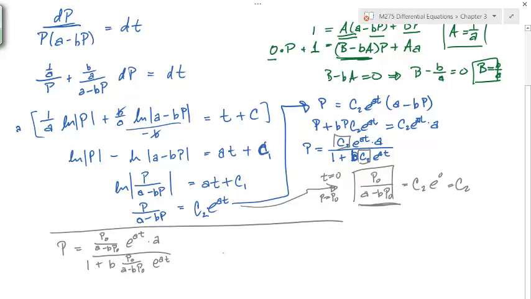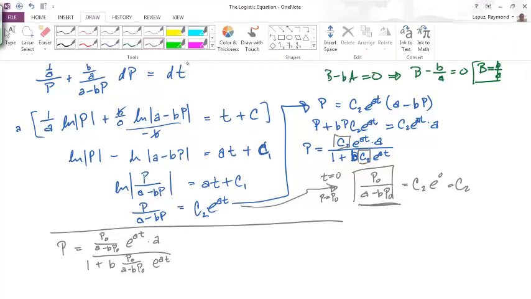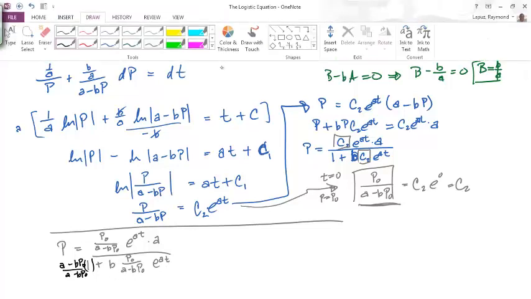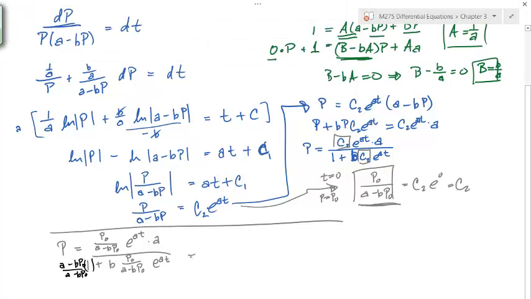So the thing that makes most sense to me is to find our common denominators, so let's do that over here. Let's take this 1 and multiply it by a minus b p naught over a minus b p naught, so that we have the same denominator. So that's going to get us a big denominator in the bottom.